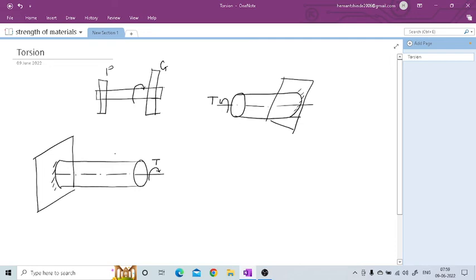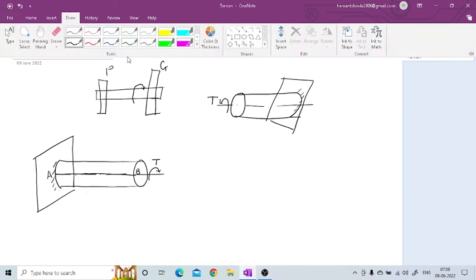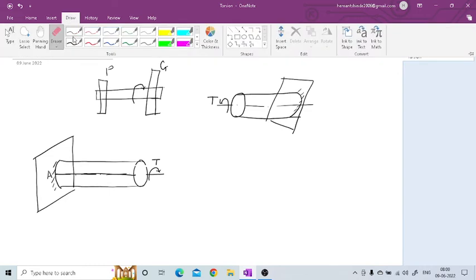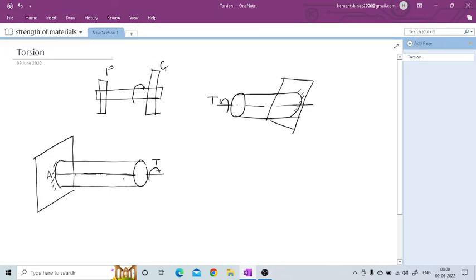Now consider one line along this shaft, the straight line AB. This is the initial position. After this twist, the point B will shift to the new position, that is B dash.